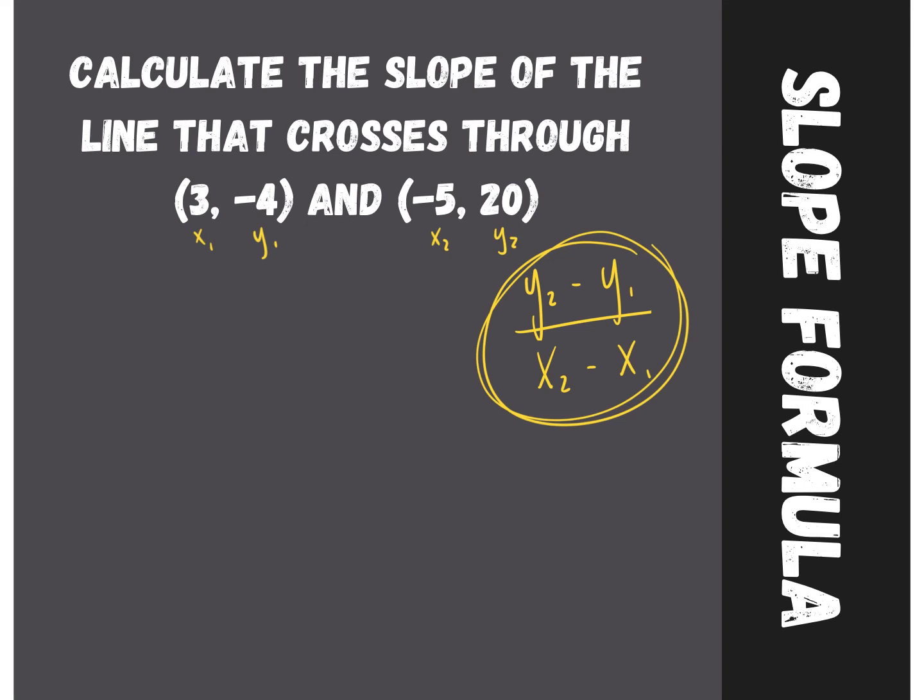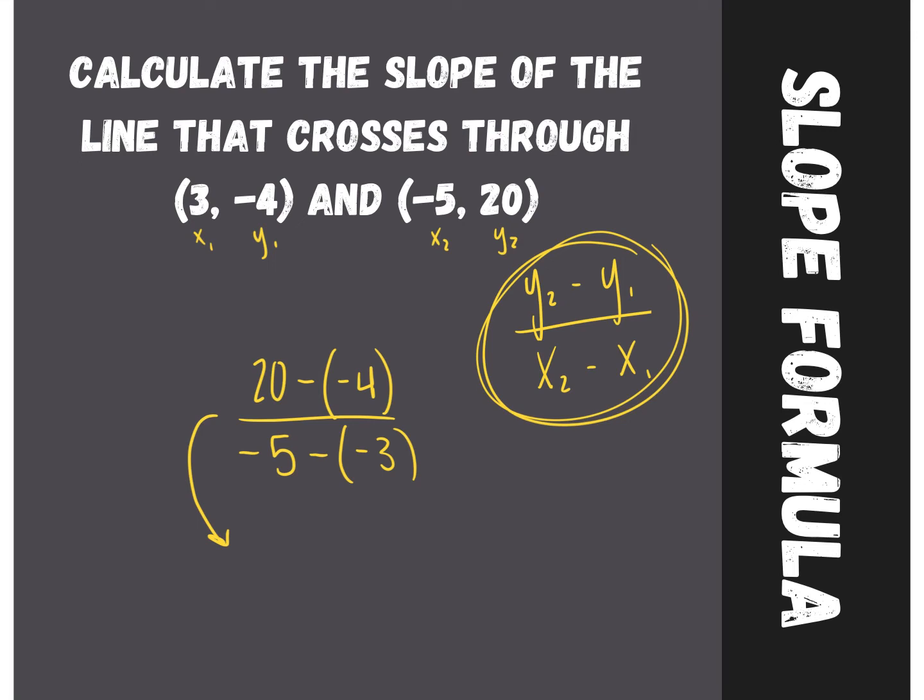So if I plug those into my formula, it says to take y2, which is 20, and to subtract y1, which is -4. And then on the bottom it says to take x2, -5, and subtract x1, which is 3. Now, there's a whole lot of negatives happening in here, so let's take a look at how we could simplify this problem. Now, if you remember from previous math lessons, you can rewrite something that is subtracting a negative.